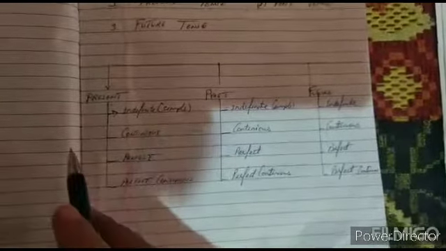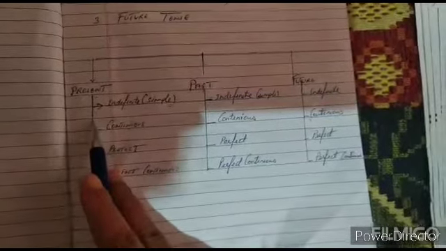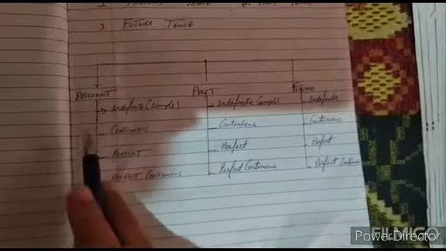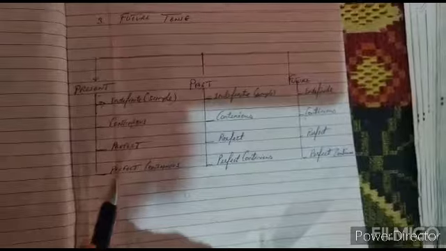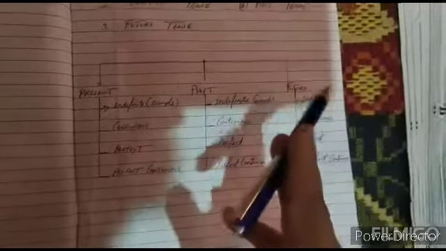Now, students, in this video, I will teach you only present tense: simple present tense, present continuous tense, present perfect tense, and present perfect continuous tense. Rest, past and future, I will be teaching you in the next video.